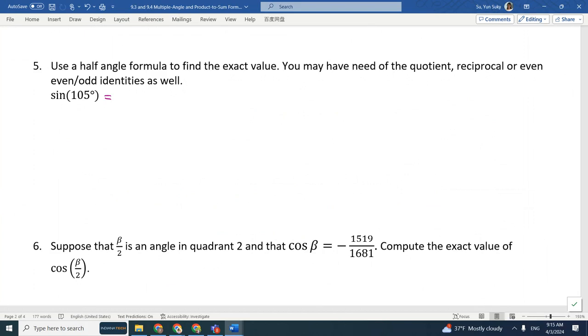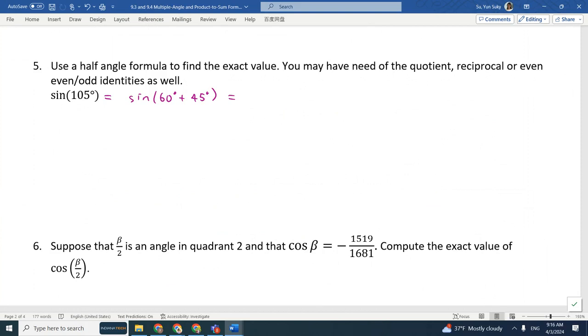Is this a common angle? Yes, 60 plus 45. So this is sine of 60 degrees plus 45 degrees. So this is one way. You can use the sum of angle formula.